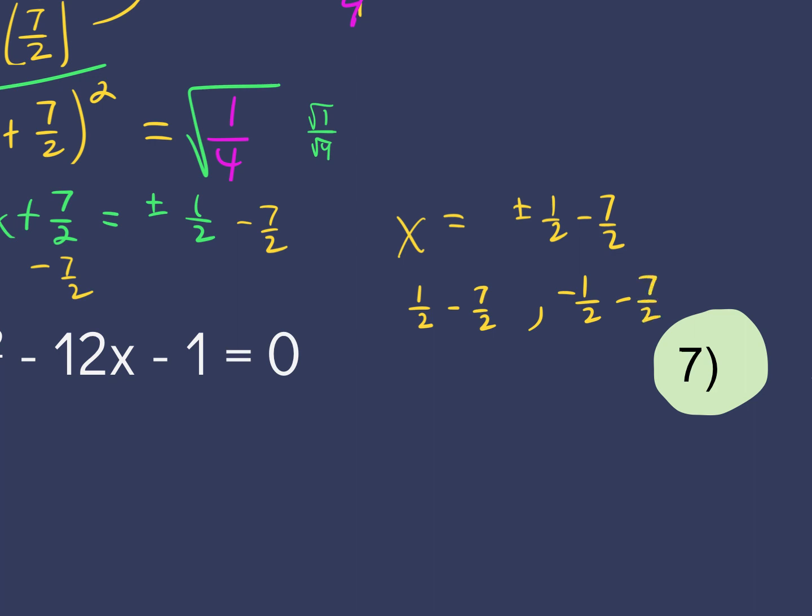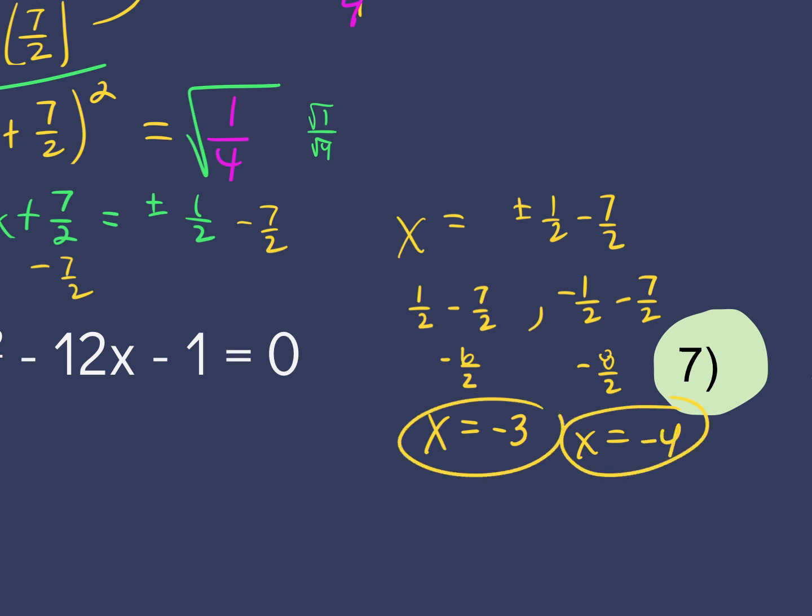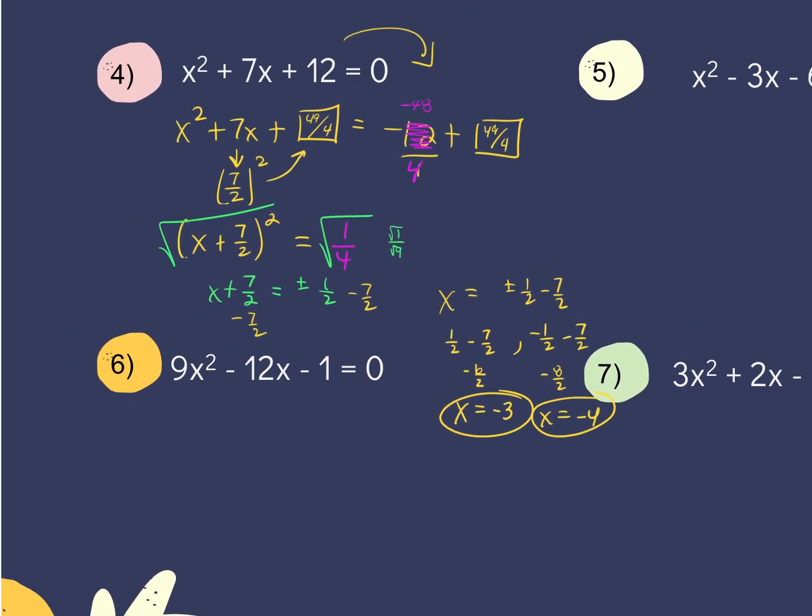Simplify that, guys. What's 1/2 minus 7/2? Negative 6/2, which is negative 3. Negative 1/2 minus 7/2 is negative 8/2, which is negative 4. Now, like I said at the beginning, what would have been easier to do here?